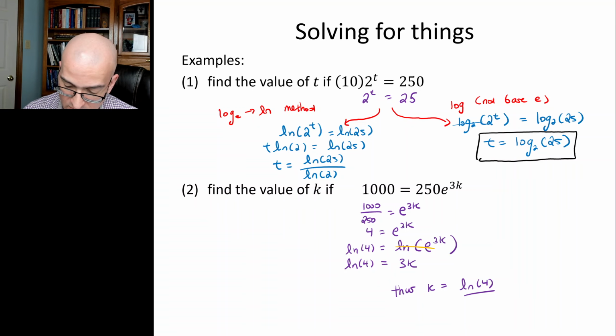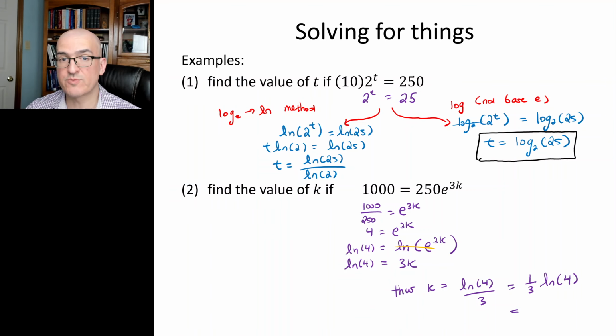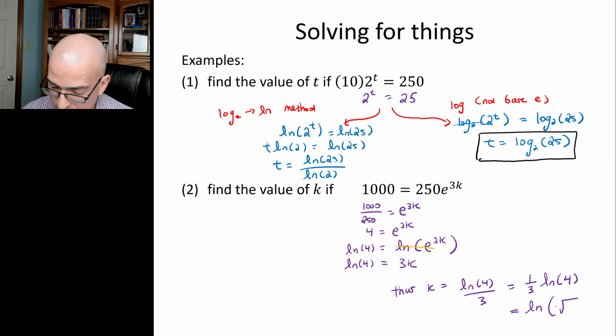Now, as a warning, we can also write this as 1/3 of the ln of 4, which we can then write as the ln of the cube root of 4. Well, I'll do it in 2 steps because that's maybe confusing. Ln of 4 to the power 1/3, right?